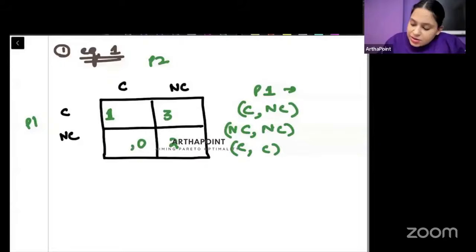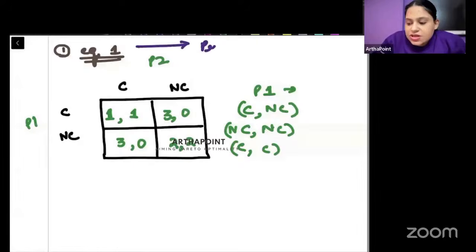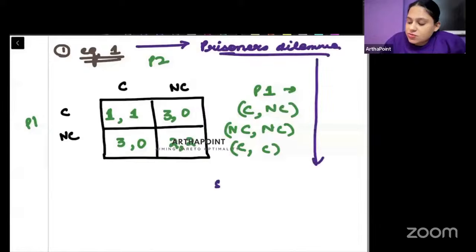The reverse will happen here: 3, 0, 1, 2. We have already seen in classes that whenever it is a prisoner's dilemma, we have a strictly dominant strategy.